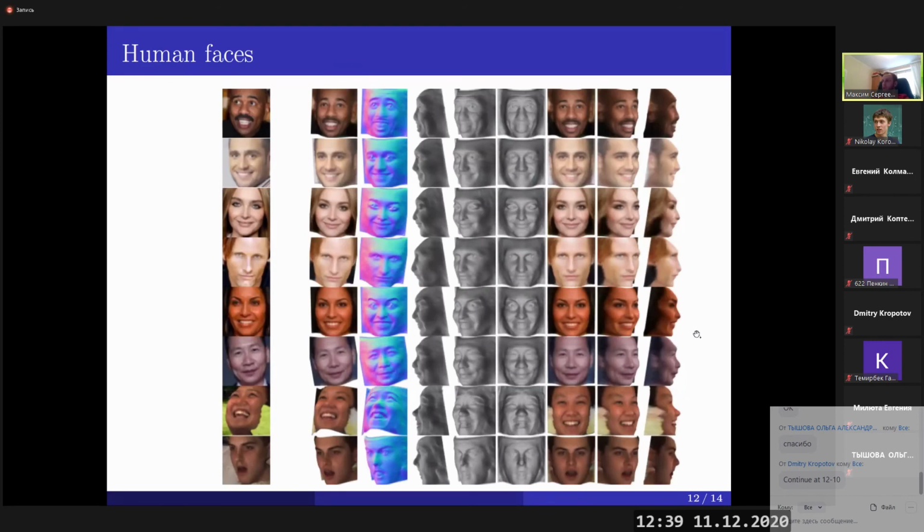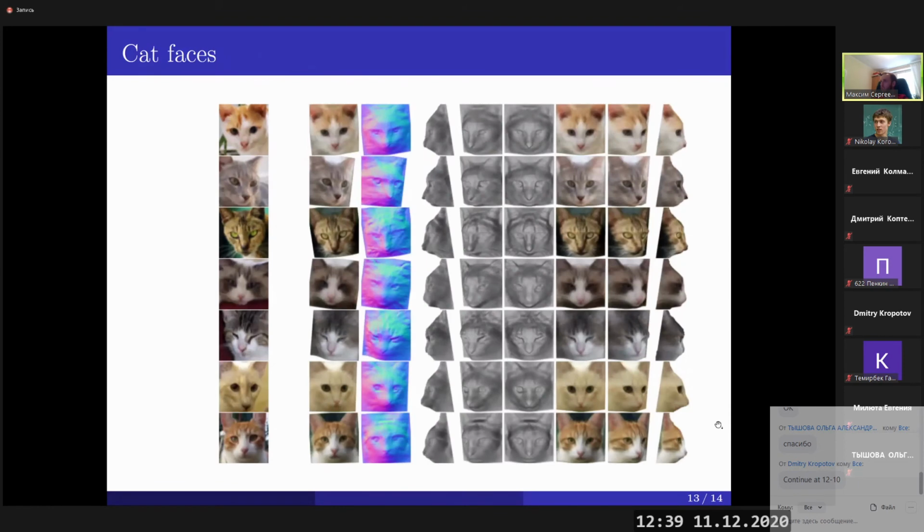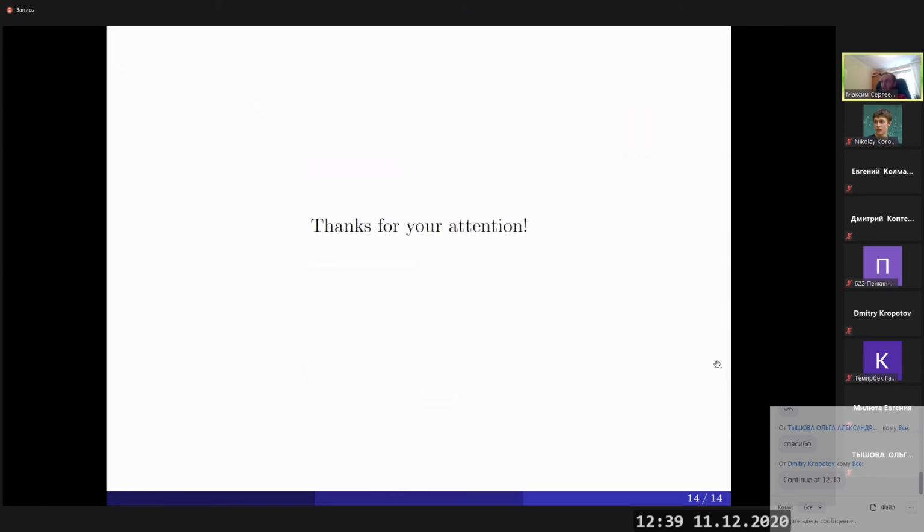So there are some other samples from the model. As you can see, reconstruction performed quite well, and some images of the cats. So I think that's all. Thanks for attention.